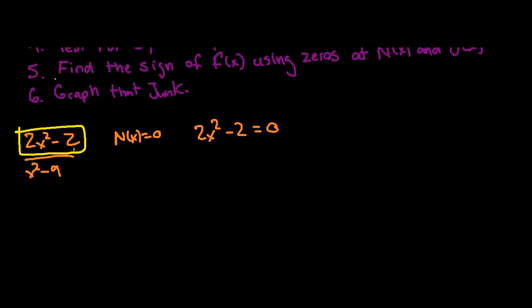So we want to find out when this top is equal to 0, because when this bottom part is equal to 0, then that is a vertical asymptote. It's not included in our domain. So we want to find out when the top is equal to 0.